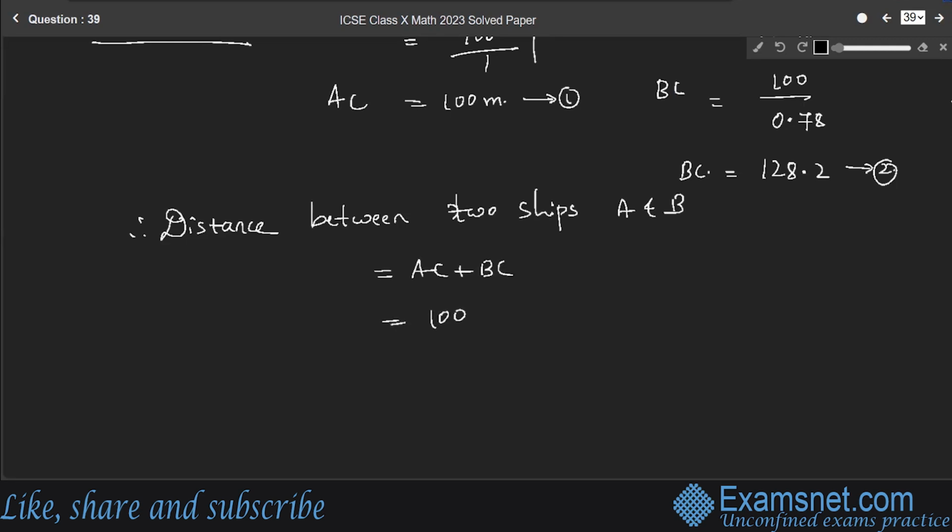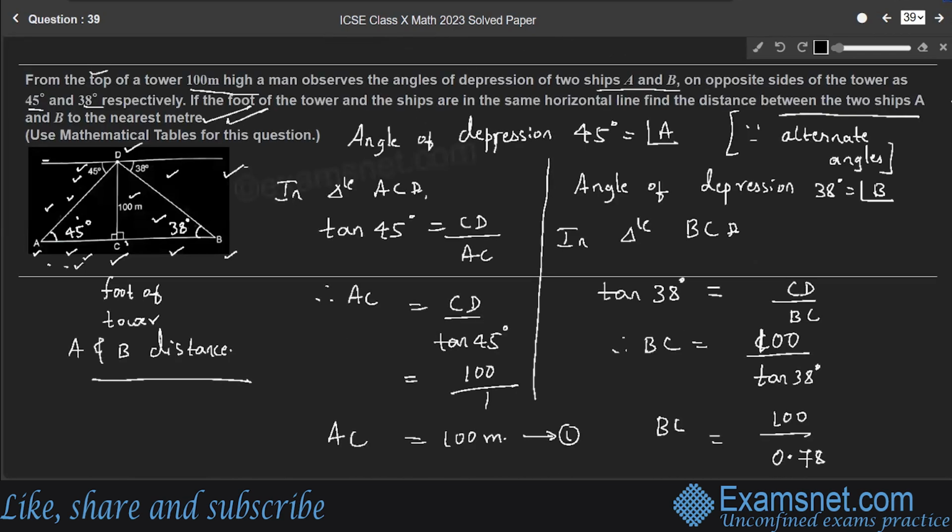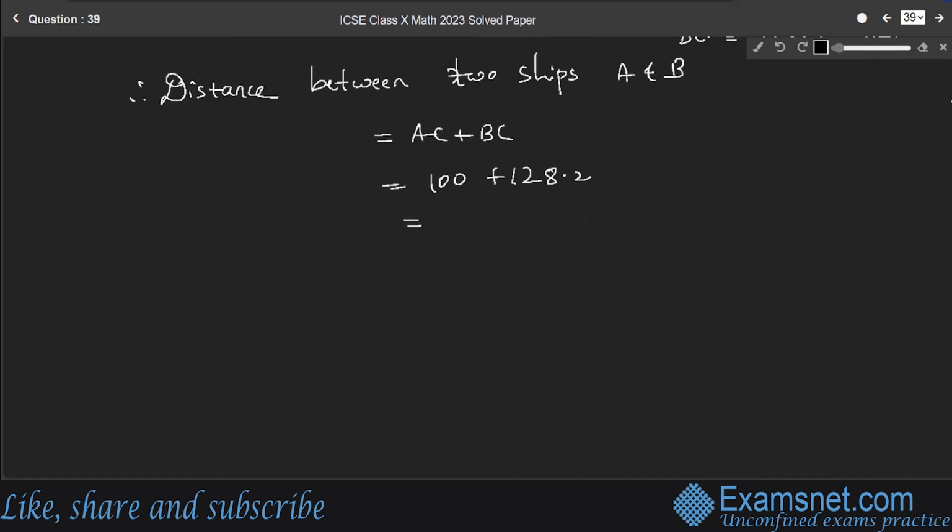So 100 plus 128.2. The question says round off to the nearest meter. So it is 228.2 meters, which is nearly equal to 228 meters. The distance between the two ships is 228 meter.